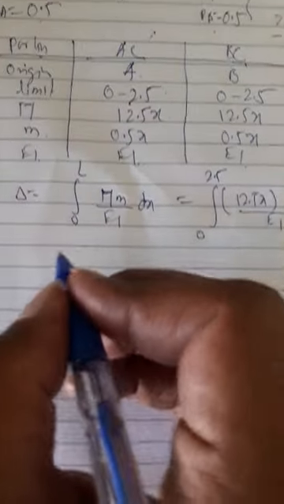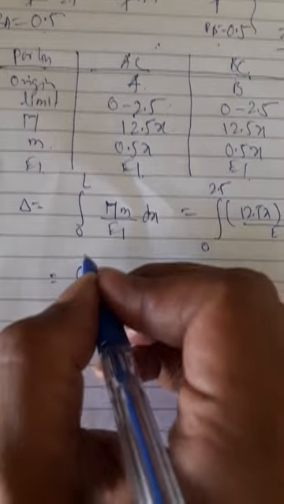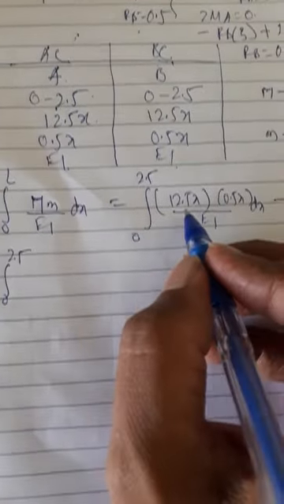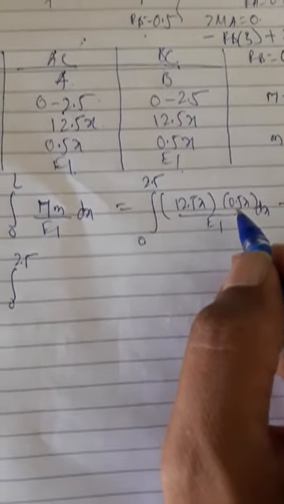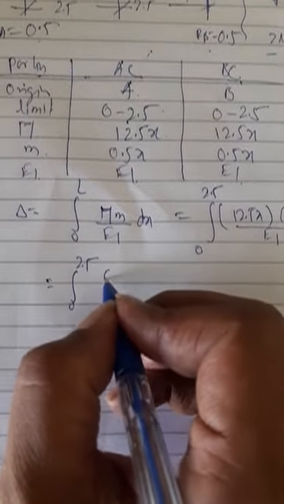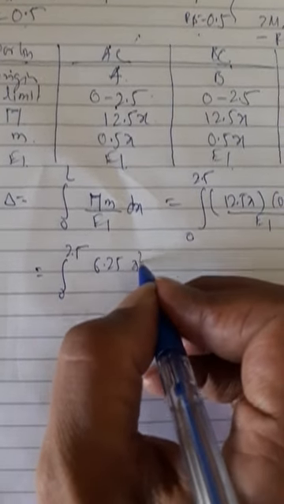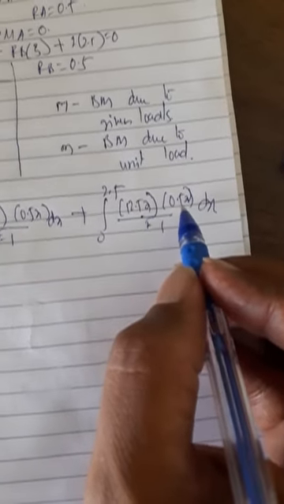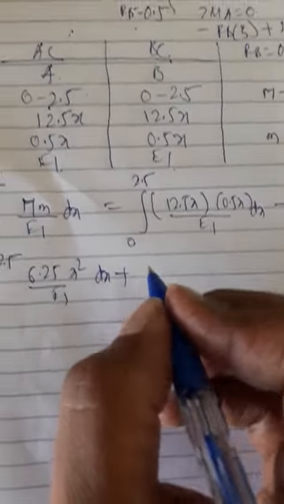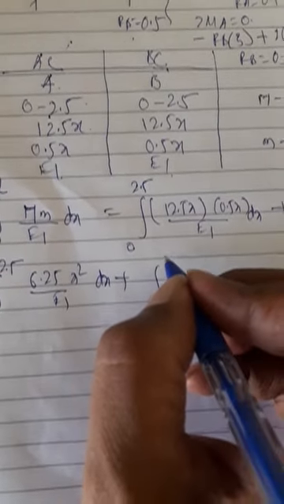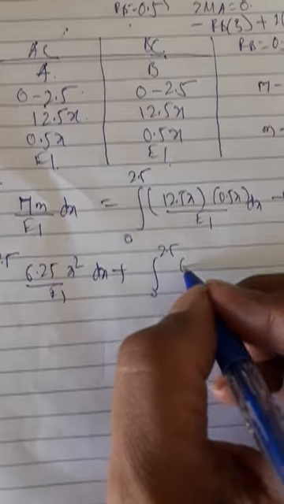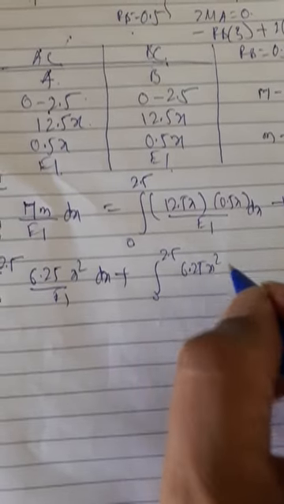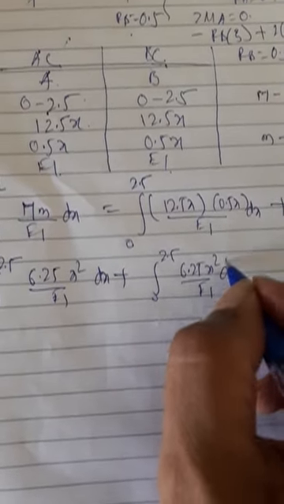Now go on simplifying the terms. For portion AC, 12.5 into 0.5 is 6.25, so 6.25 x square by EI dx. Similarly here, 12.5 into 0.5, 6.25 x square by EI dx.